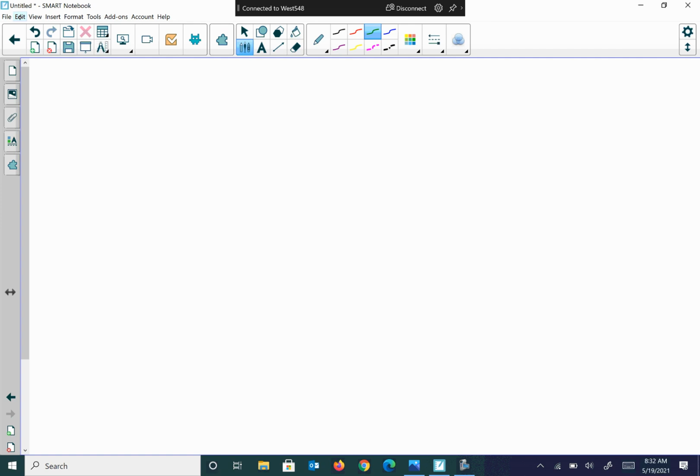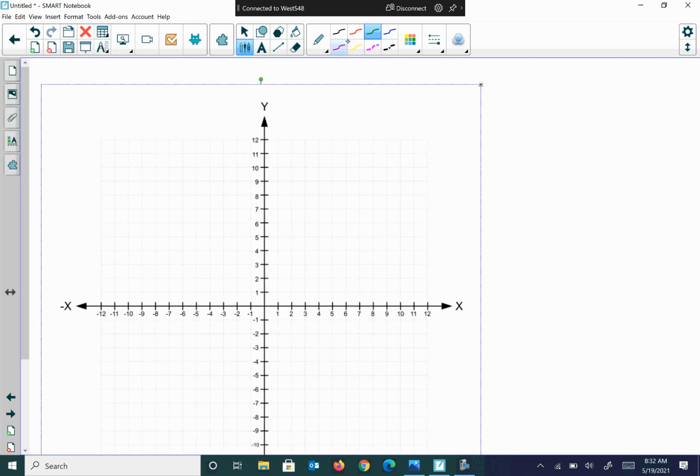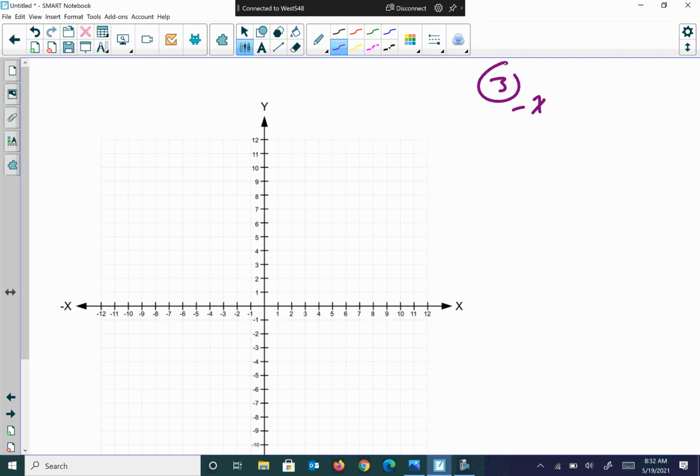Number 3. We have... so neither of these right now are set up for cover method or slope intercept or anything like that because they're just all kind of goofy.